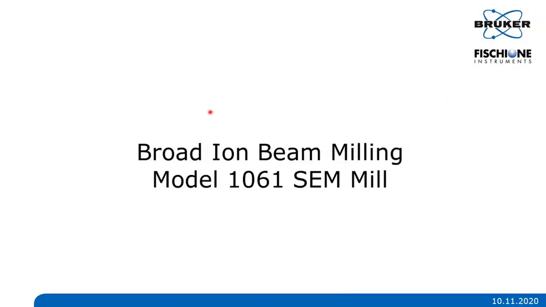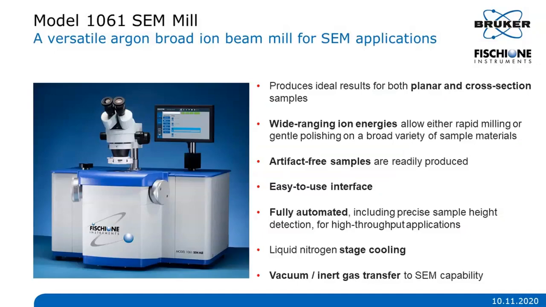So in that part of the presentation, I will cover broad ion beam milling and introduce you to our model 1061 SEM Mill. As you can see here in the picture, it is a tabletop instrument, the most versatile broad ion beam mill for SEM application.